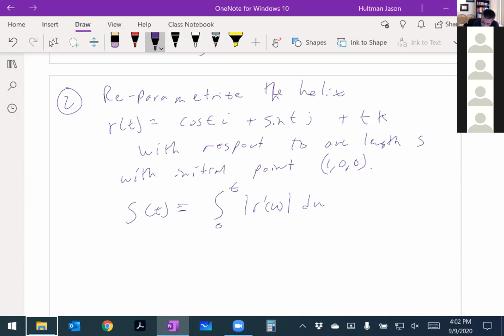Okay, so we want to reparameterize this thing with respect to the arc length as the variable, what we're going to call s. It's really s of t, but we're just going to call it s.